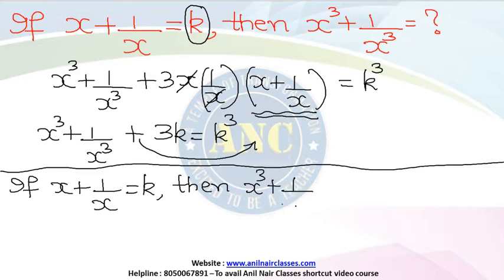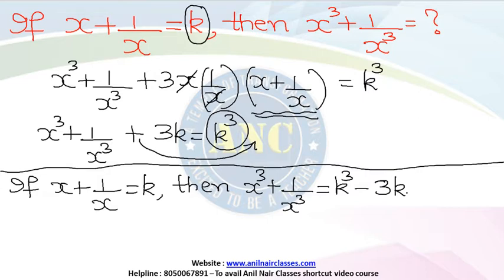That is nothing but k cube plus 3k; the 3k on the right hand side comes to the left hand side, and moving it to the right hand side it becomes minus 3k. That means x cube plus 1 by x cube will be equal to k cube minus 3k. I hope you are understanding the logic.